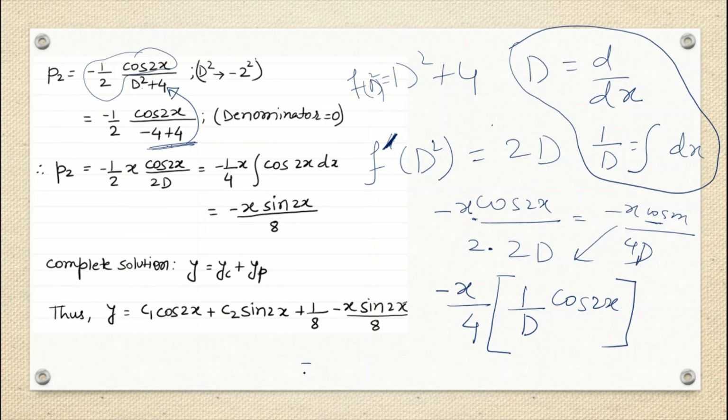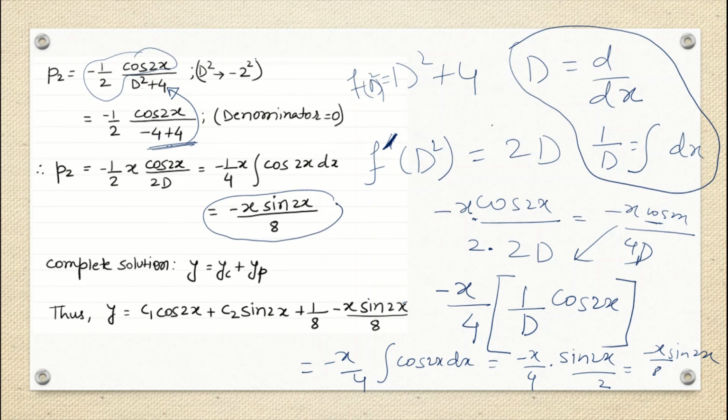This I'm going to write down minus x by 4. 1 by d is nothing but integration of cos 2x. You can write integration of cos 2x dx. So this is minus x by 4. Integration of cos 2x will give you how much? It will give you sine 2x divided by 2. So this is nothing but minus x by 8 and then sine 2x. So minus x by 8 sine 2x.